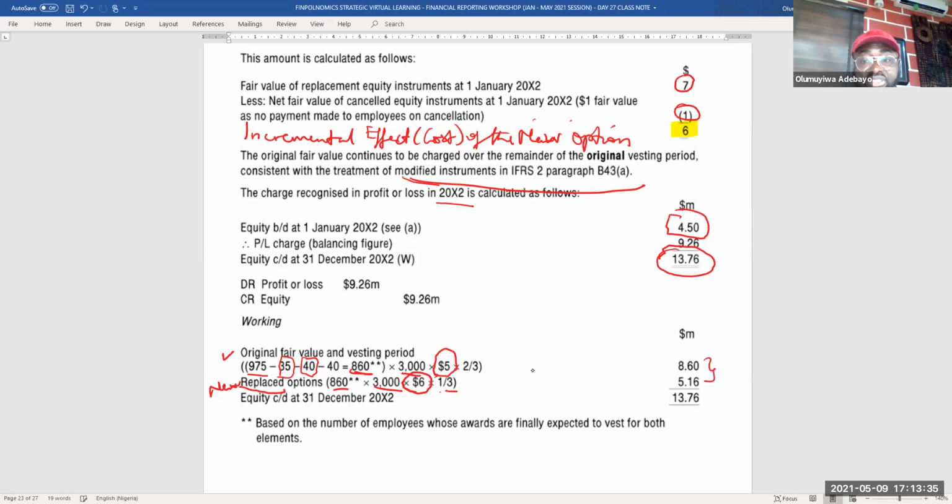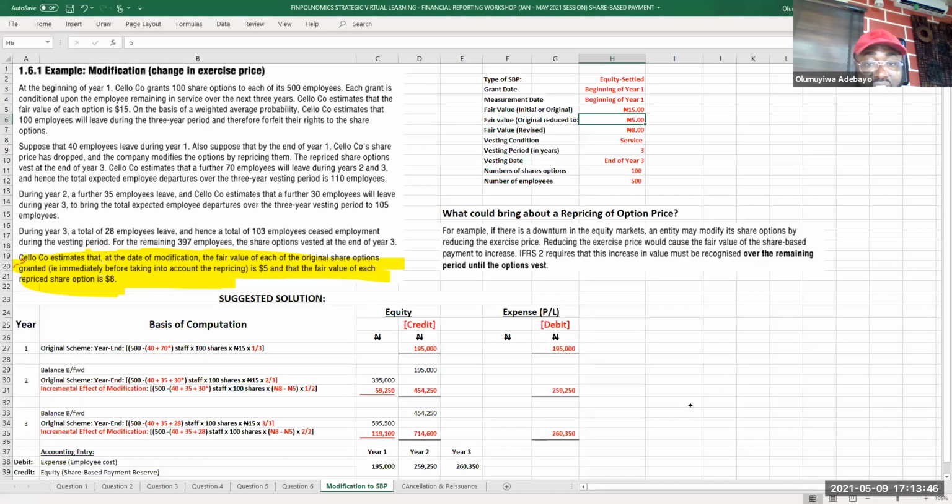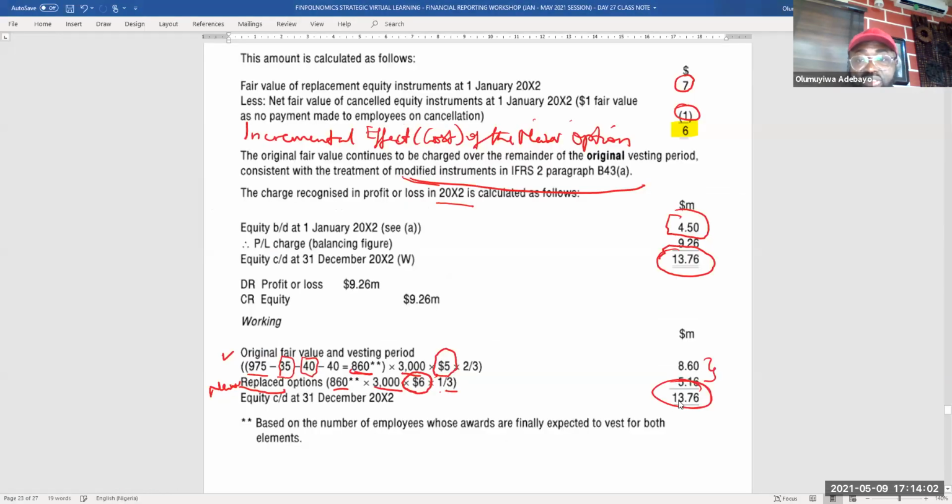The sum of this is what gives us 13.76. This 13.76 is similar to what we did under our Excel here, which is this aspect here and this aspect here, adding the incremental effect of modification to the original scheme. And that is what we've done also in this case. Okay, now doing that gives us this. The difference between these is what we accelerate.